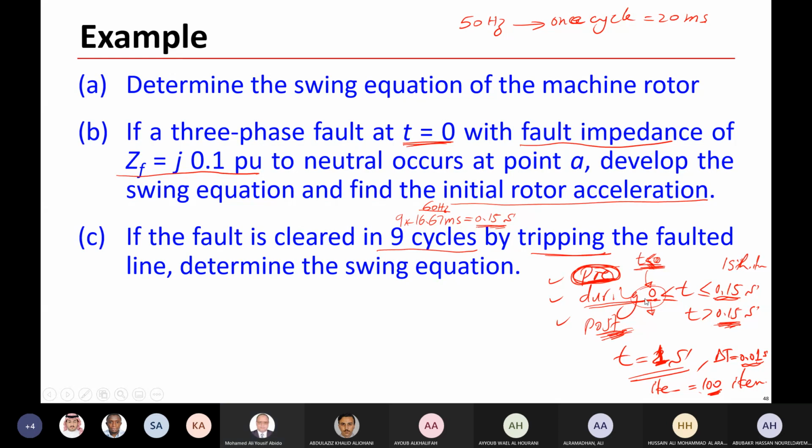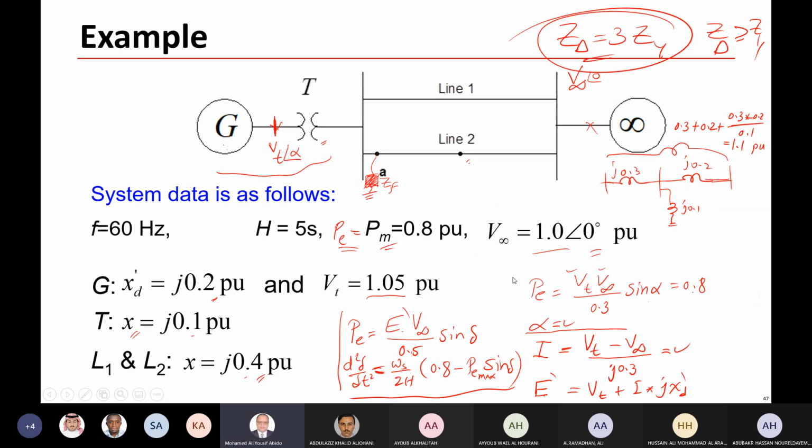Of course, the initial angle will be calculated from the pre-fault conditions, as we calculated before. In the pre-fault condition, we calculate E and so on, so we can get delta. E is calculated, so E equal to 1.15, for example, with angle 30 degrees.